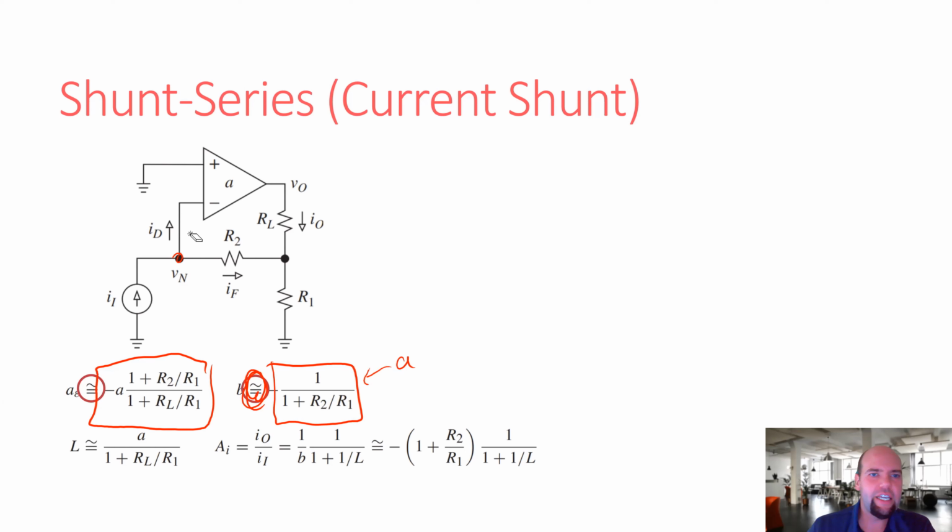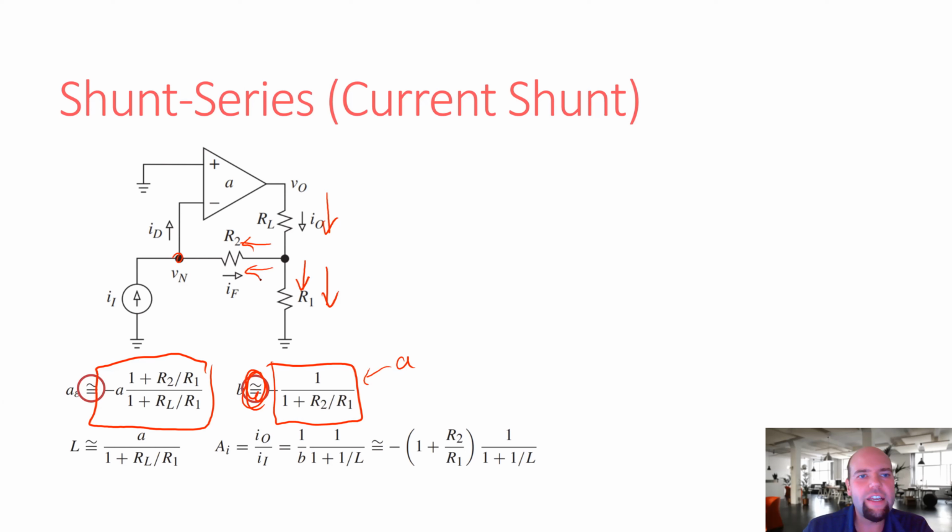One thing we can look at is we have some output current here, and we can think of it as this output current getting divided between these two resistors. So the output current is essentially going into this current divider, and some of it flows through R1, and some flows through R2.